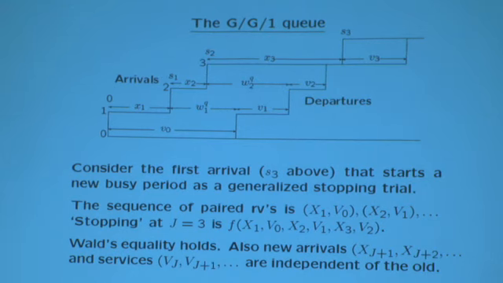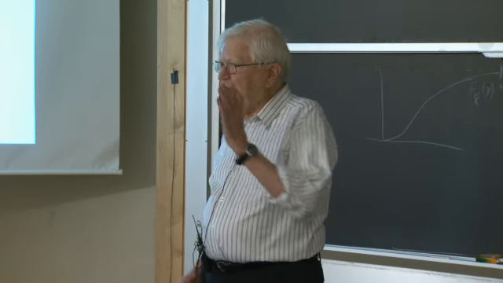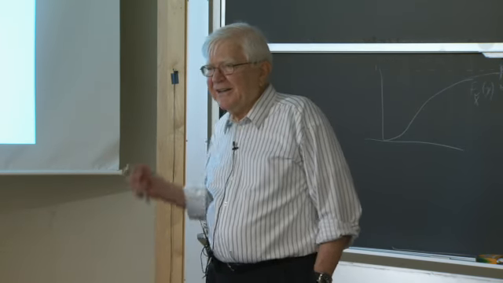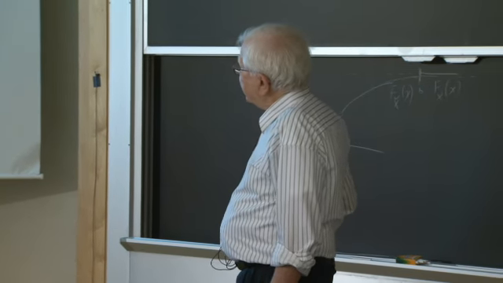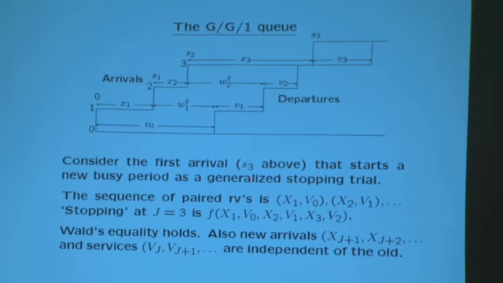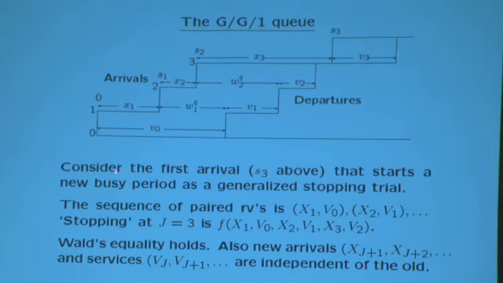I want to make sure that you understand this model here before we go on, because if you don't understand this, you won't understand anything we do after this. If you look at this now, you see a departure process which is going on also. These departure times are determined partly as a sum of the number of customers to have departed by time t.